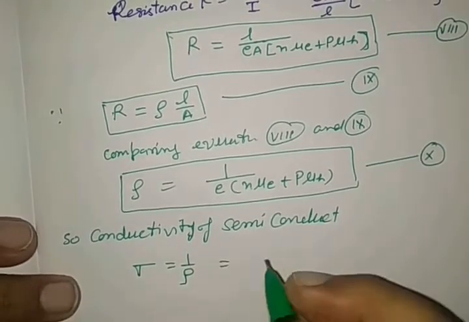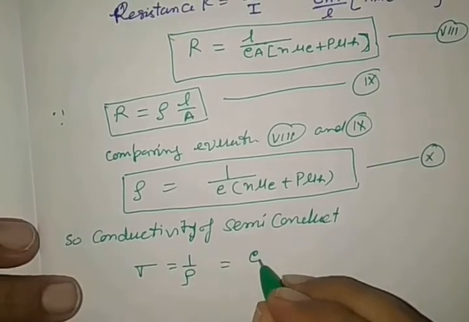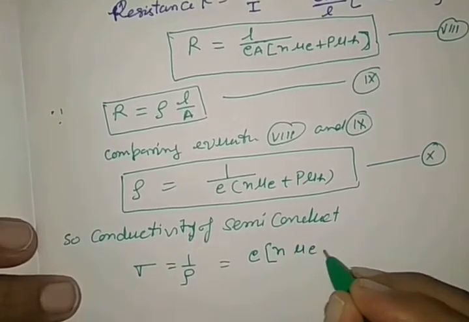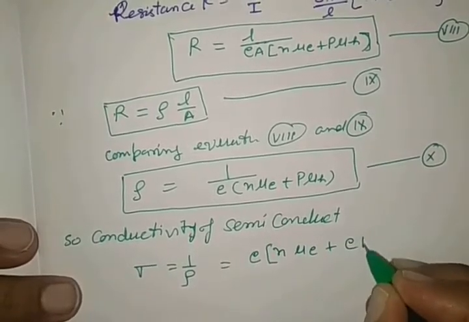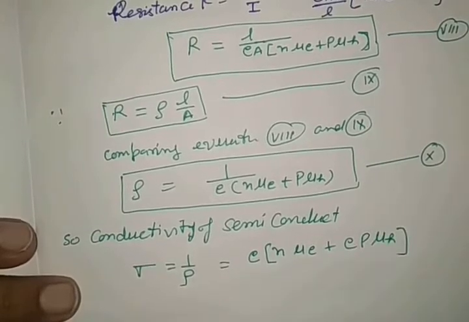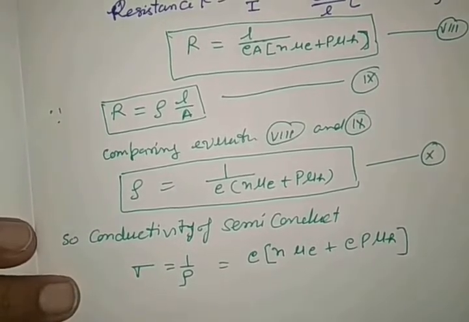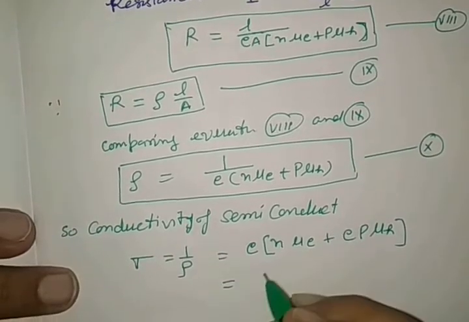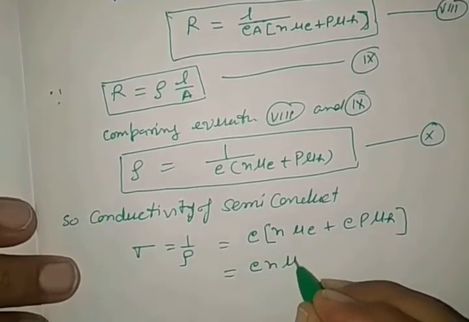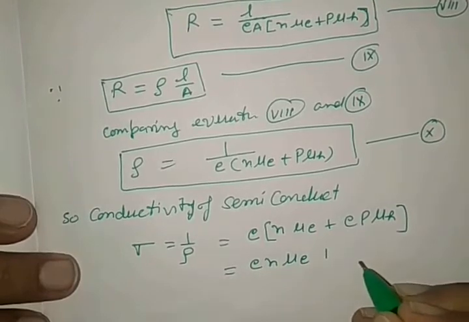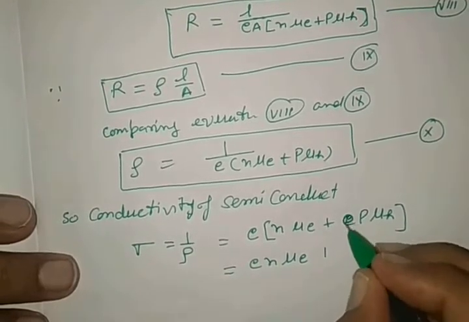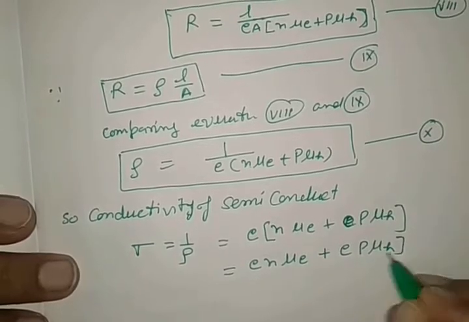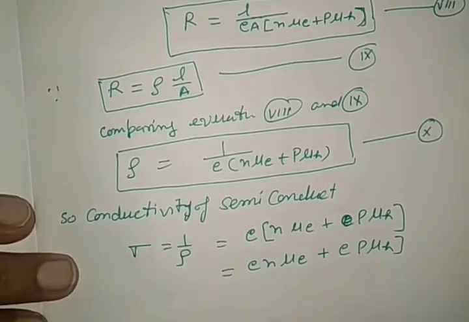So it can be written as e n mu e plus e p mu h. E is common here, so we can take e out.